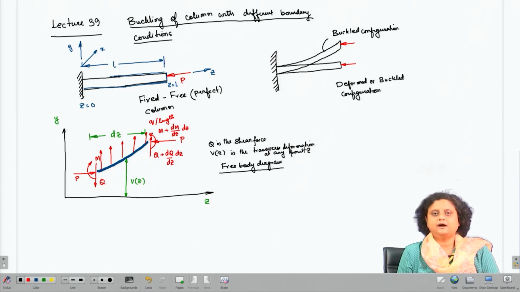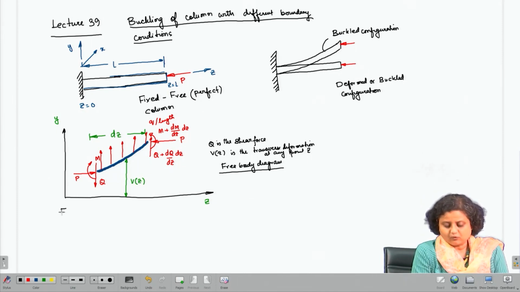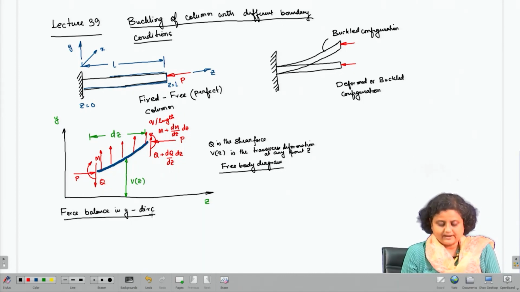Now, if this is the free body diagram, let us write down the force balance equation in the y direction.